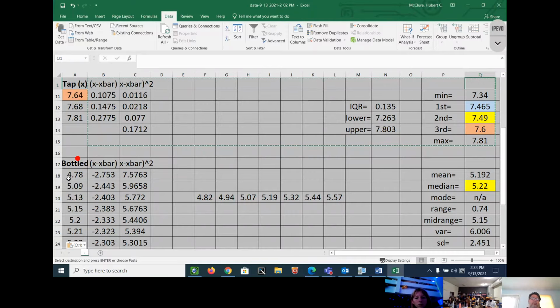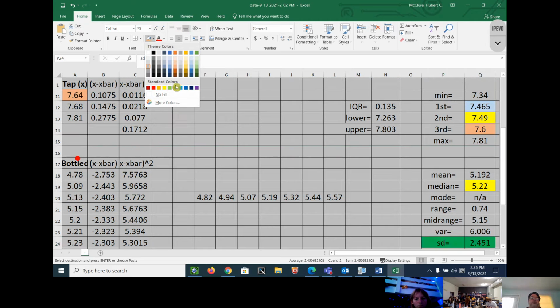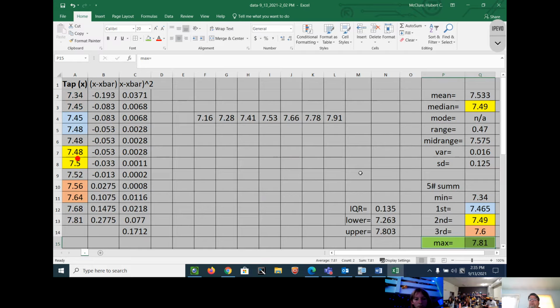The bottled water. The bottled water has a smaller standard deviation, which means the data is closer together. So I would be willing to bet you the second set of data, or the bottled water, is the better set of data.